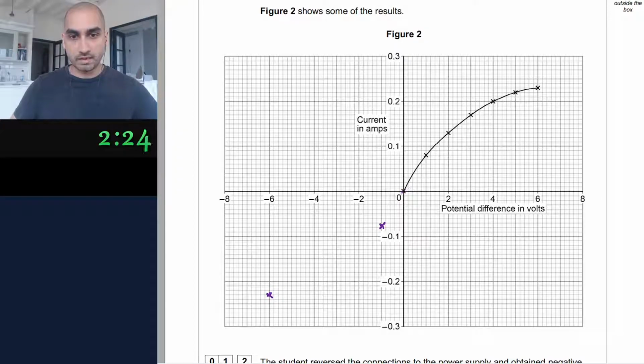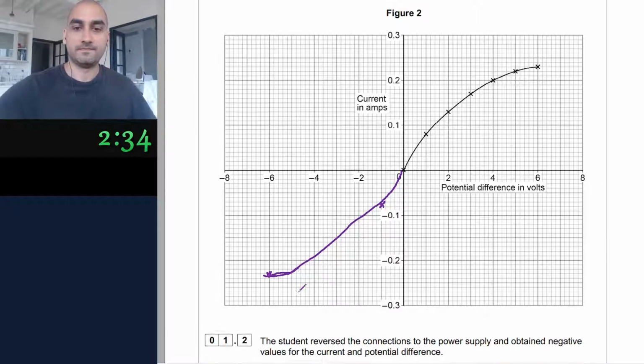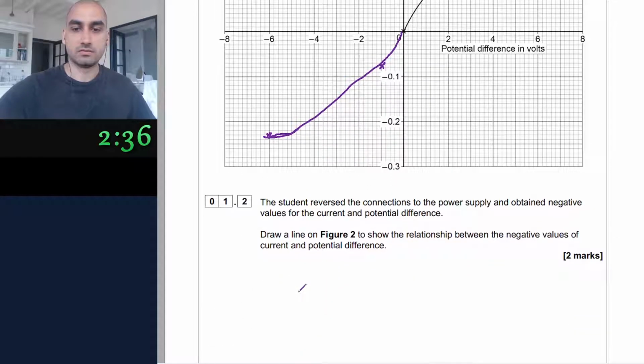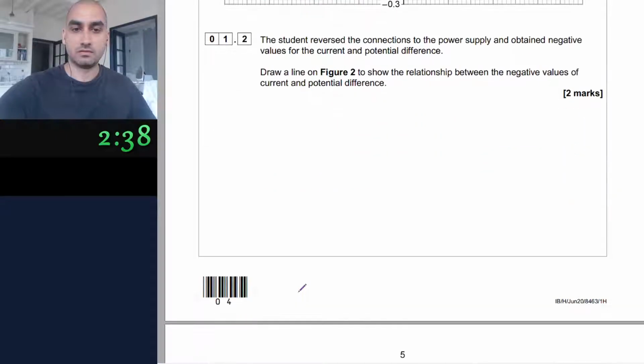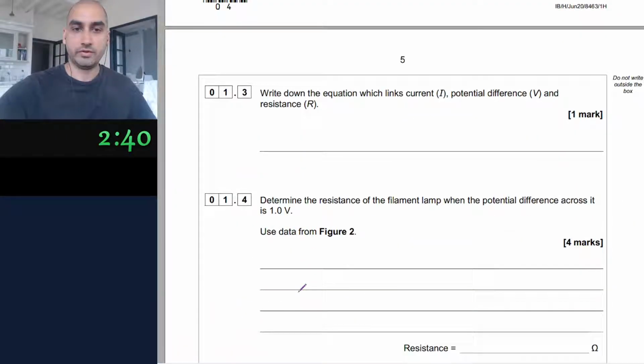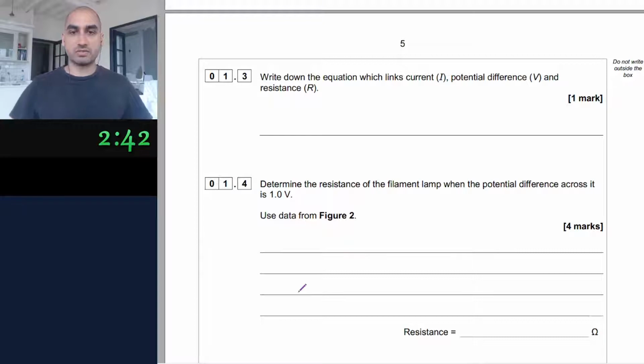So it would probably be like this, unless I'm missing something. Just pretend that was a better drawn line, because it's the best I can do. Write down the equation which links current, potential difference, and oh, I know this one.